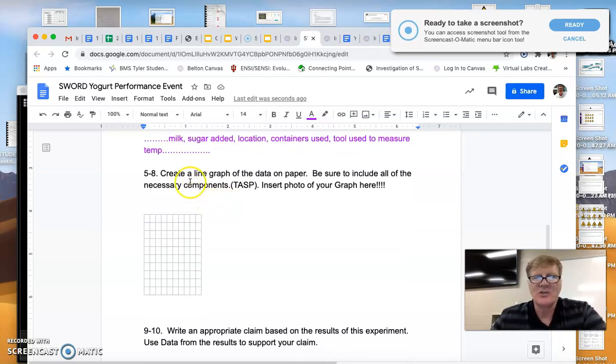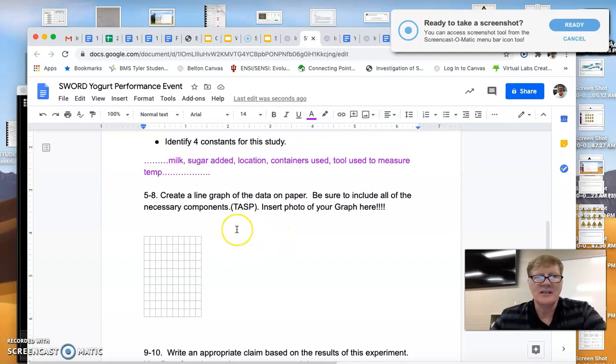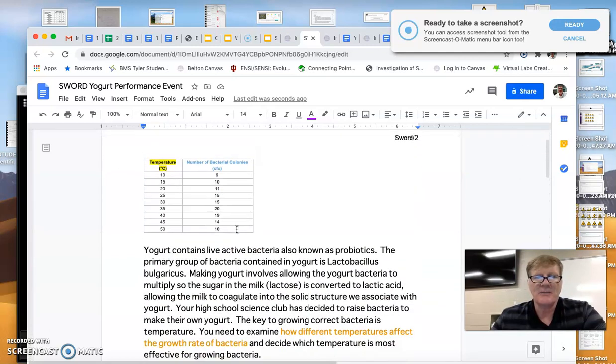The next question says to create a line graph of the data on paper and then include all the parts for the task and insert that photo here. And so to graph this, I'm going to keep this in front of me. I'm going to graph this data table and I'm going to do it on paper. Again, my independent variable is on the left-hand side and that goes on the x-axis. My dependent variable is on the right-hand side and it goes on the y-axis.